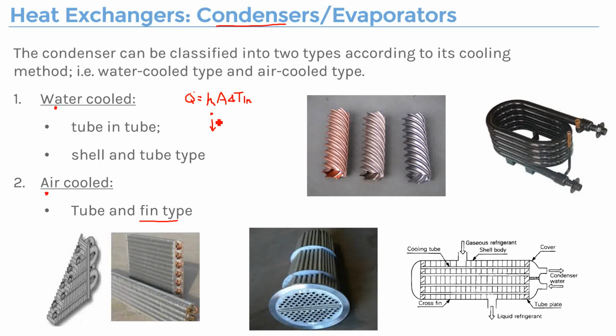We cannot do anything to improve this part, so we can only increase the contact area from one side to the other side. That's why the fin type is basically a tube with many fins to increase its surface area. In that way, you have better heat transfer effectiveness.